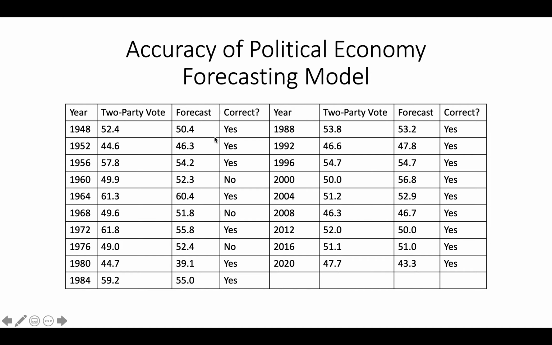On the whole, this political economy forecasting model, as I said, gets within about 2.5 percentage points of the actual popular vote, two-party popular vote total, from a forecast that is issued 3 months prior to the general election.